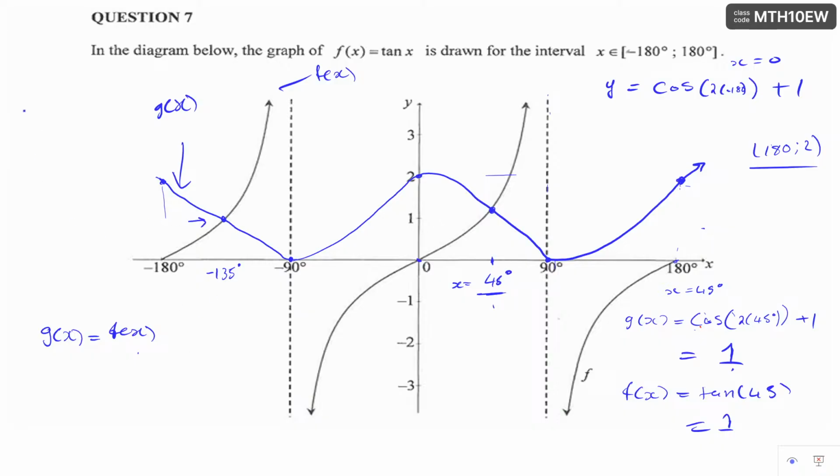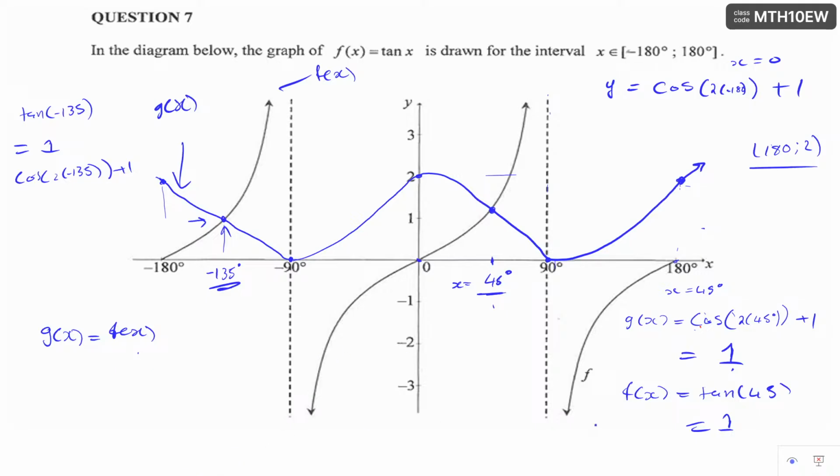So tan negative 135 is equal to 1. So let me check cos 2(negative 135) plus 1. What is the answer for that one? Yeah, it's also 1. So this value here is negative 135, and this value here is positive 45.